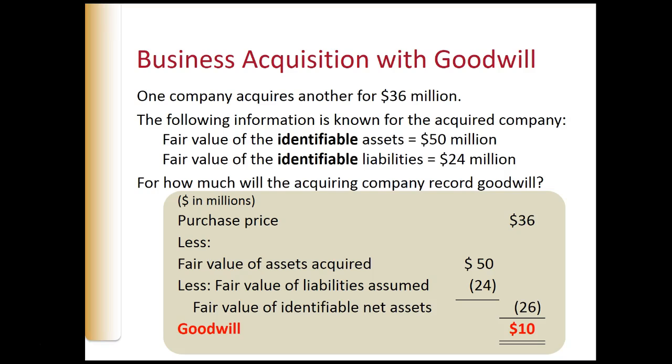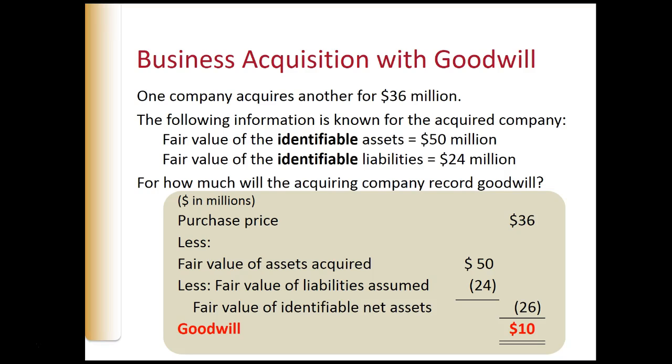However, as it does for other internally generated intangibles, companies expense costs incurred in the internal generation of goodwill. So as you see in this slide, when one company purchases another company, that is how goodwill becomes an asset on someone's balance sheet. So as you see here, a company acquires another for $36 million.